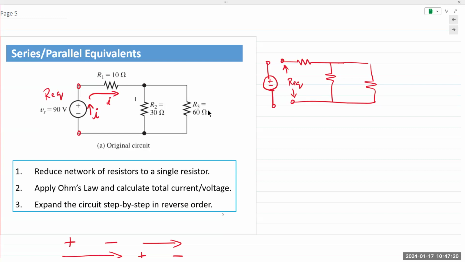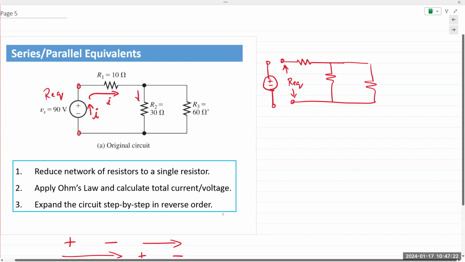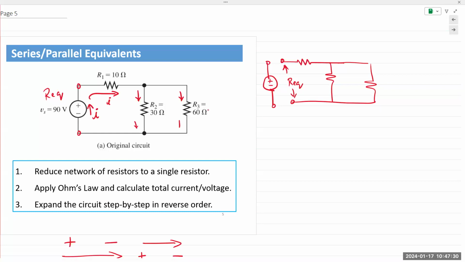It's going down R2 and R3. And then again, logically following the same pathway, it comes through here and combines back into I. Make sense? So this is how we would assume current direction and voltage polarity.